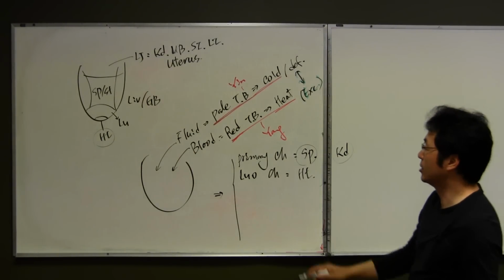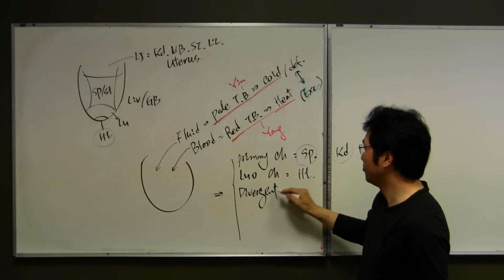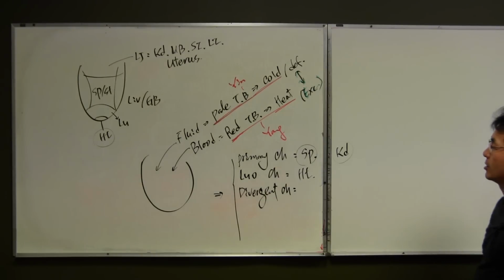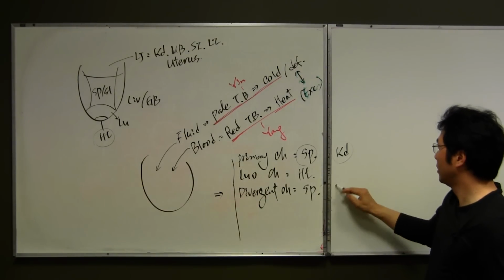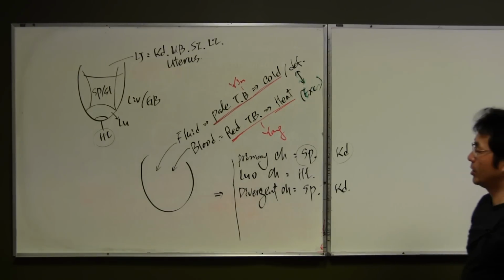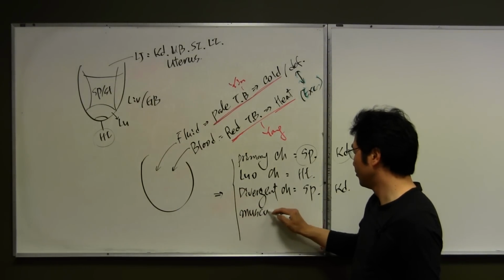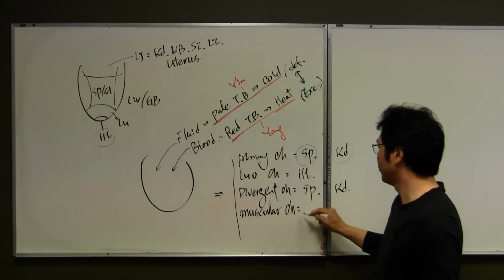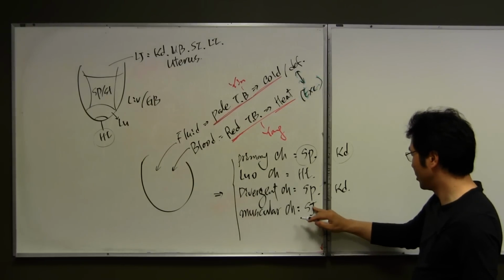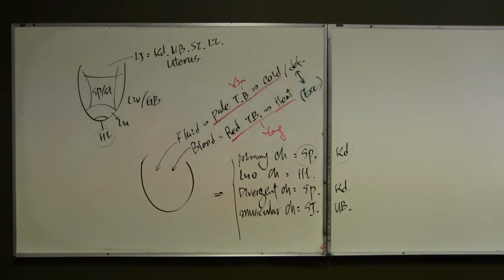And another one is the divergent channel. Among the divergent channels, the spleen and kidney also go to the tongue area. And another one is the muscular channel. There's the sinew channel and the UV. The muscular channel goes to the tongue area.